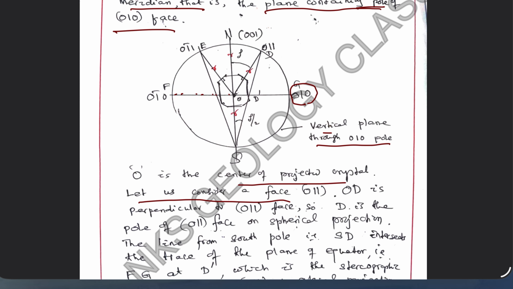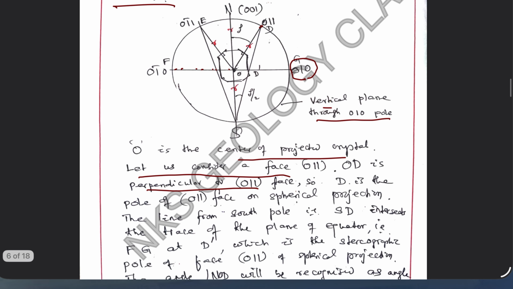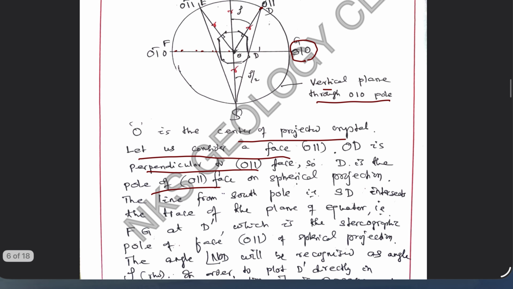Let us consider the face 0, 1, 1. OD is the perpendicular to the 0, 1, 1 face, and it touches the sphere at the point D. So D is the pole of the 0, 1, 1 face on this spherical projection.